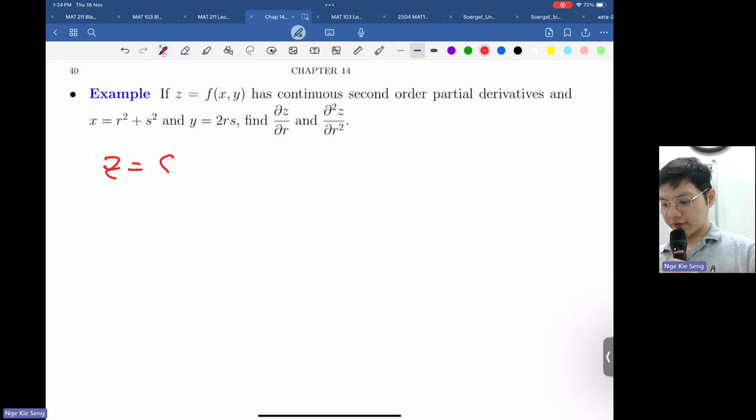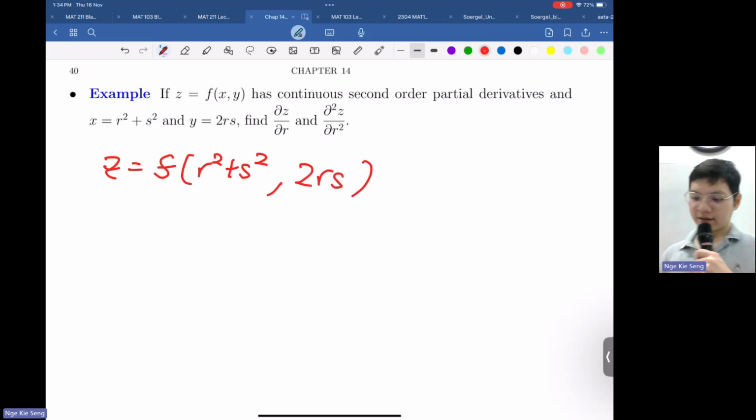So z equals f of r squared plus s squared and 2rs, but they already renamed the variables for you, x and y. There are two things you need to find: del z over del r and del squared z over del r squared. So del z over del r is equivalent to what in this case?